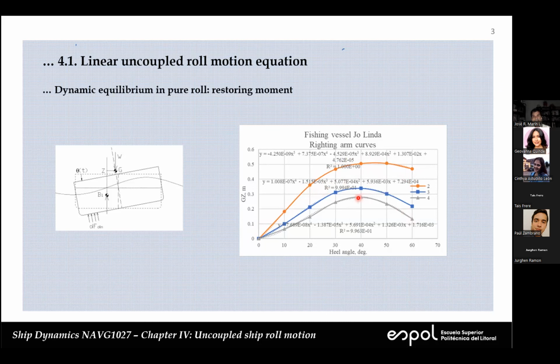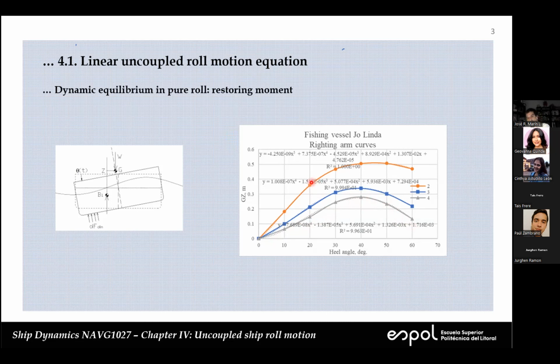And this gray curve corresponds to load condition number 4. That means that when they return to port, all the holds are full of fish, but diesel is almost gone. So they assume that they're returning to port with only 10% of the consumables, only 10% of diesel and 10% of fresh water. And in this case, the GM is much smaller than in this case.